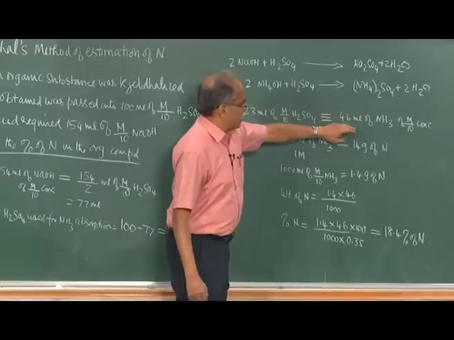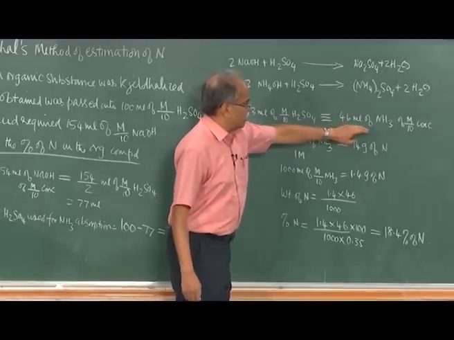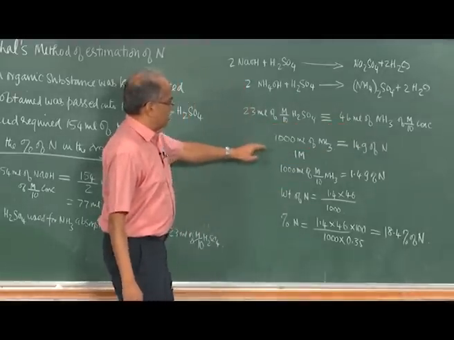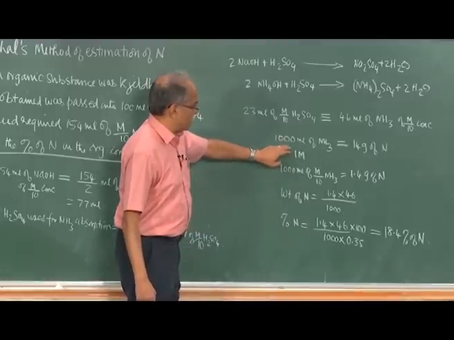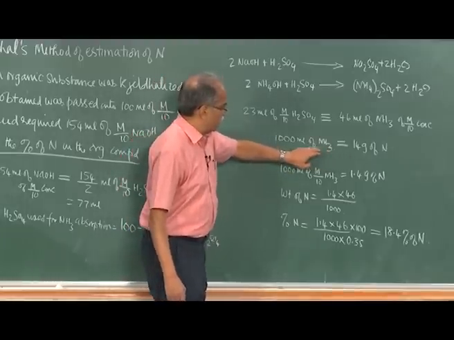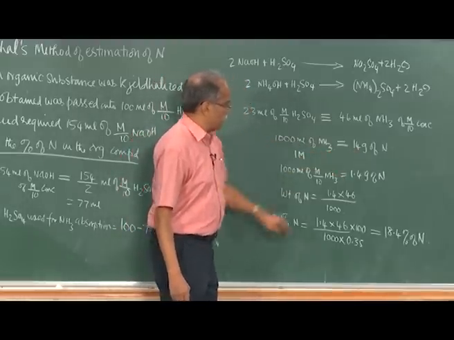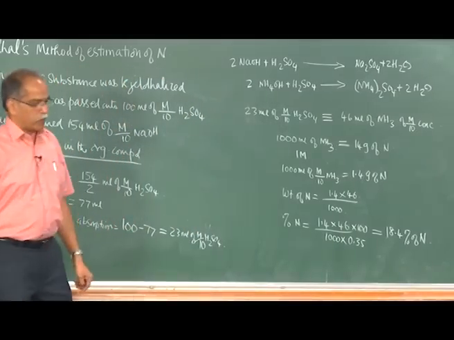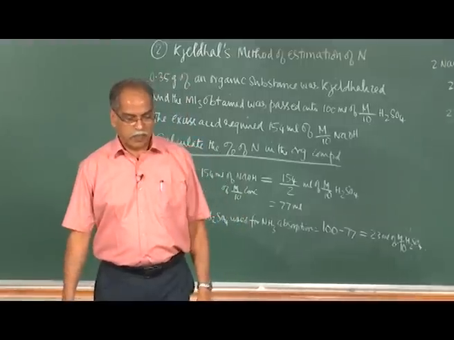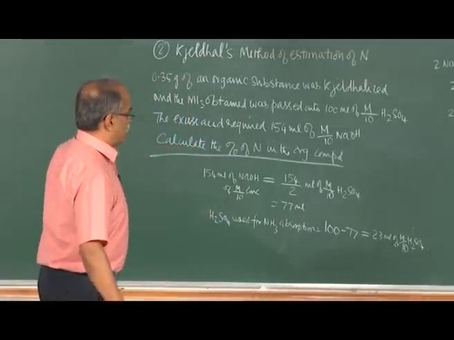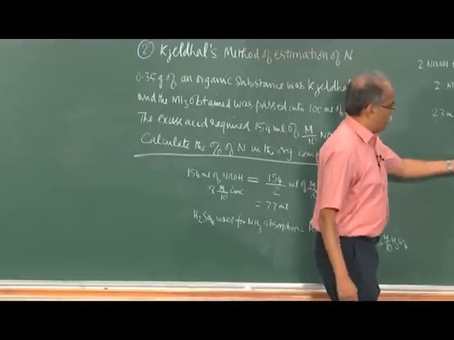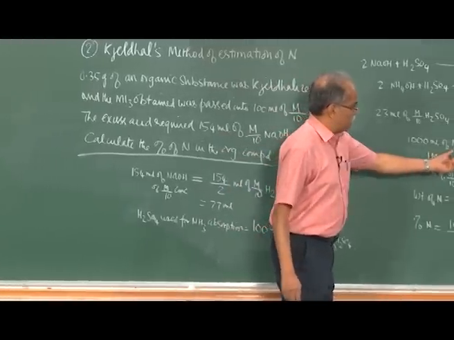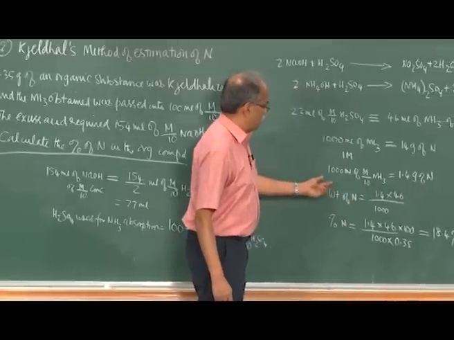Once you have the exact volume of ammonia in terms of the concentration, you convert it into weight because we know 1 molar solution of 1000 ml contains 1 mole of ammonia, which is 14 grams of nitrogen. In 1 mole of ammonia, essentially you have 14 grams of nitrogen. In other words, 17 grams of ammonia, which corresponds to 1 molar solution of 1000 ml, contains 14 grams of nitrogen.